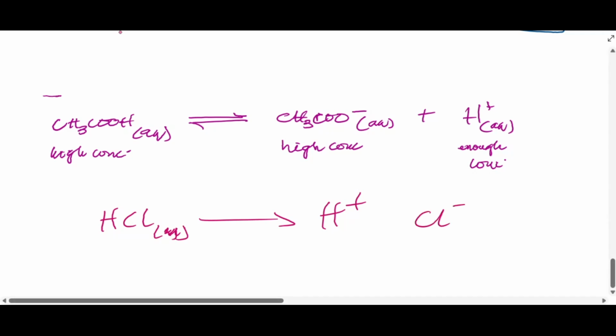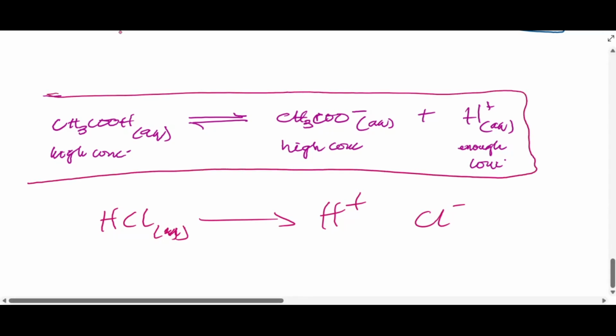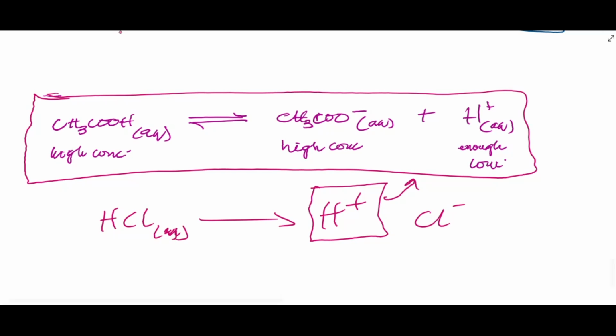So by adding hydrochloric acid solution into this buffer solution, we are introducing an extra hydrogen ion into this solution. And remember, we said a buffer solution is a solution that will resist any change in pH whenever a small amount of an acid or a small amount of an alkaline is added to it.